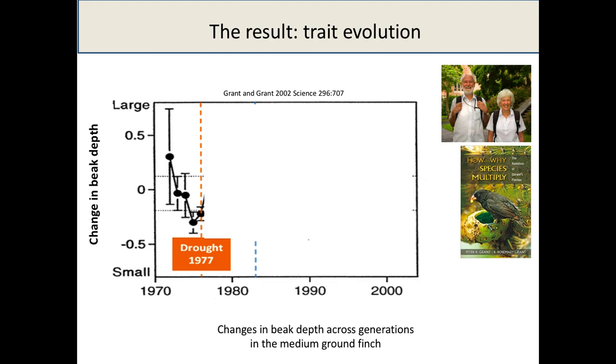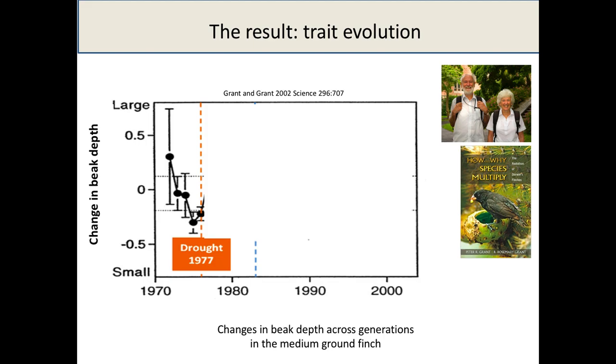Over time, each year they'd go, there was some variability in the mean and range of beak sizes of this population of finches. What they found was that year on year, beak sizes seemed to be getting smaller.